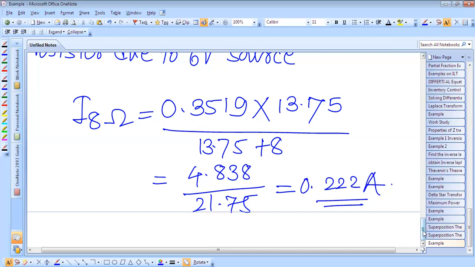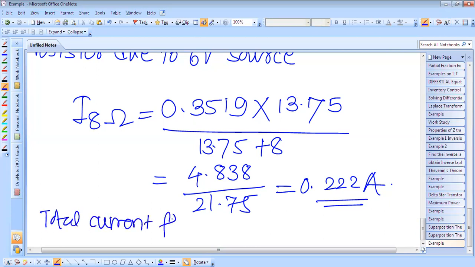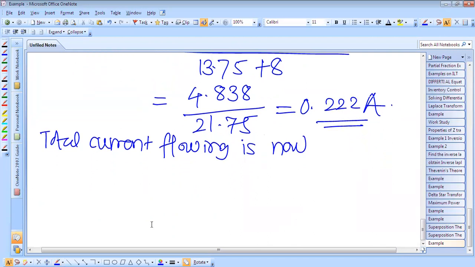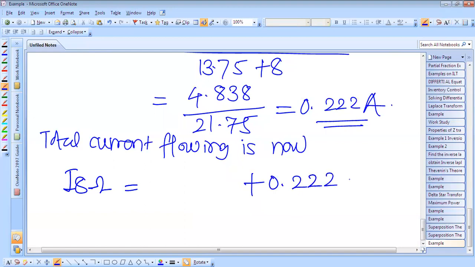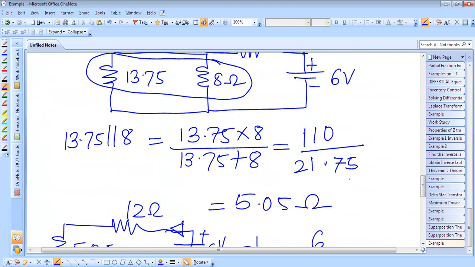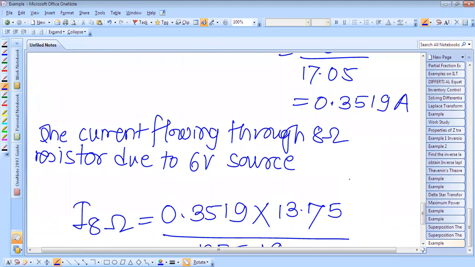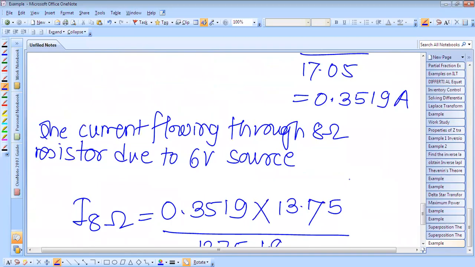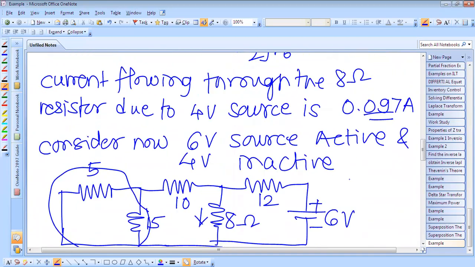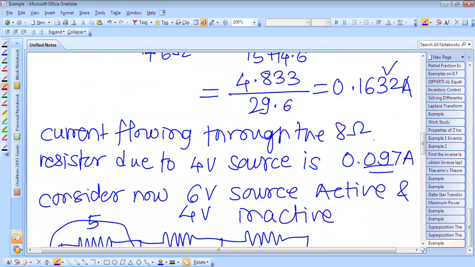Okay, now the total current flowing is now 0.22, and another current is the current flowing through this 8 ohm resistor because of this 4 volt voltage source.